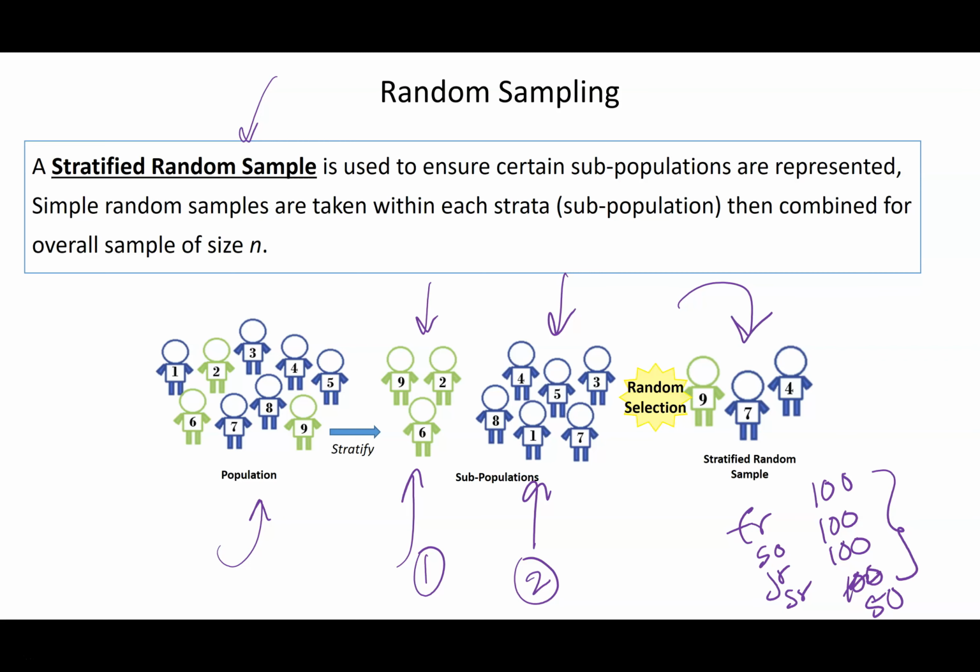It ensures that I have people from green and people from blue. And not only that, there's 3 in the green, 6 in the blue. So I randomly sampled 1 from green and 2 from blue. It maintains that same proportions, that there's twice as many blue as green in the sample.